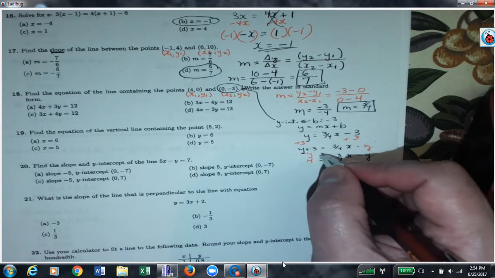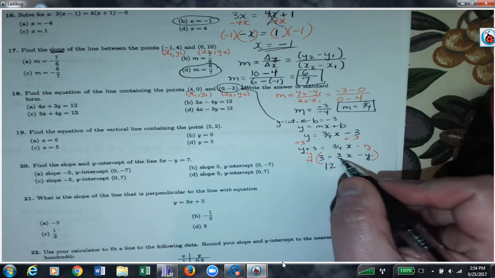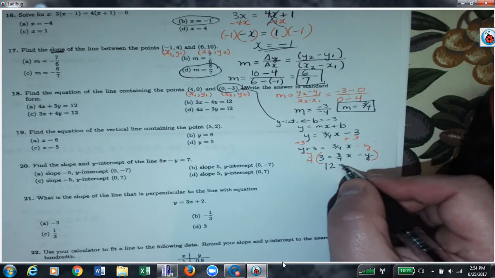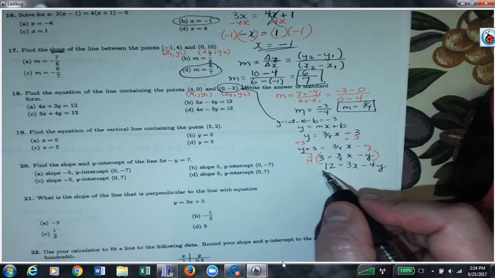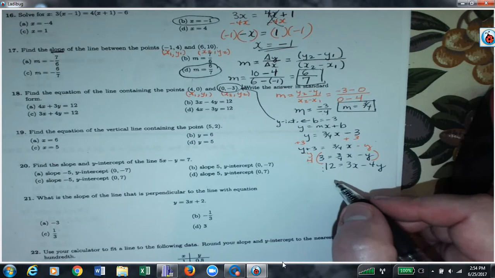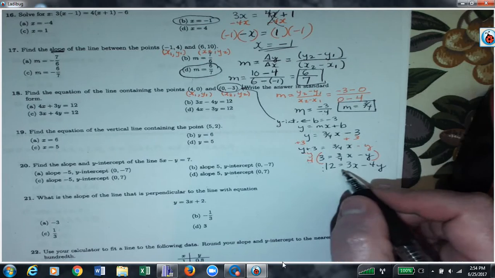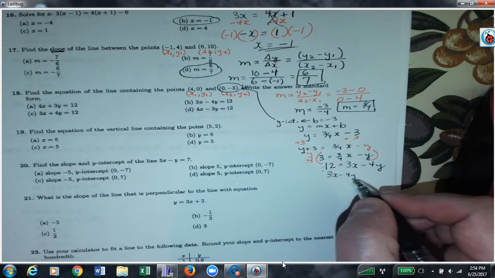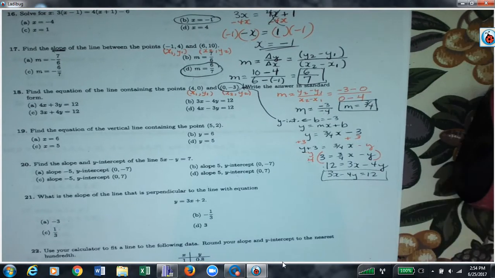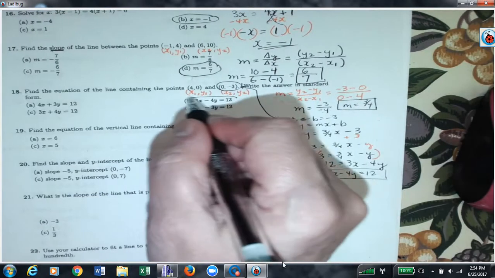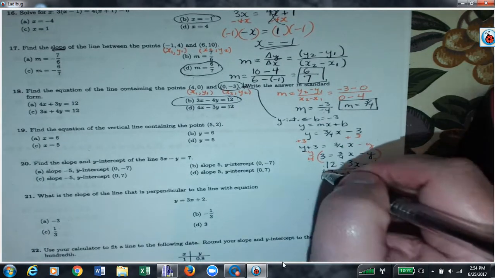So multiply everything by 4. 4 times 3 is 12. 4 times 3/4 x, the 4's cancel. And 4 times negative y is minus 4y. And now I just need to swap sides. So if a equals 20, you can write it as 20 equals a. I just swap sides. So if 12 equals 3x minus 4y, then 3x minus 4y is equal to 12. 3x minus 4y equals 12. There we go. So the answer to number 18 is B.